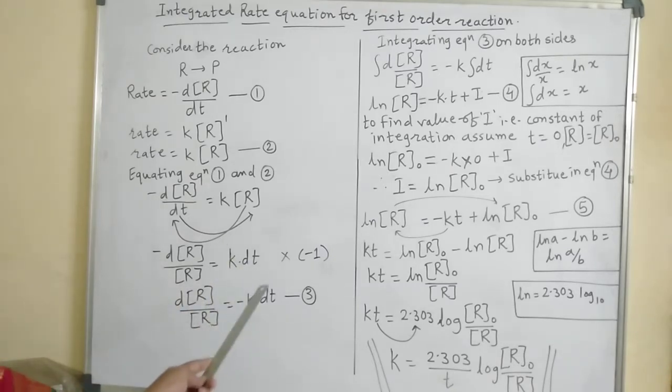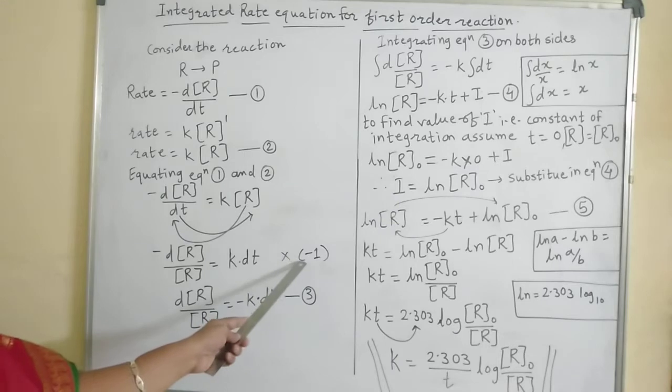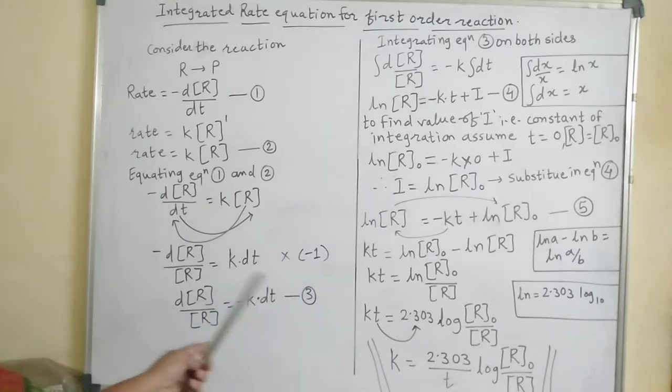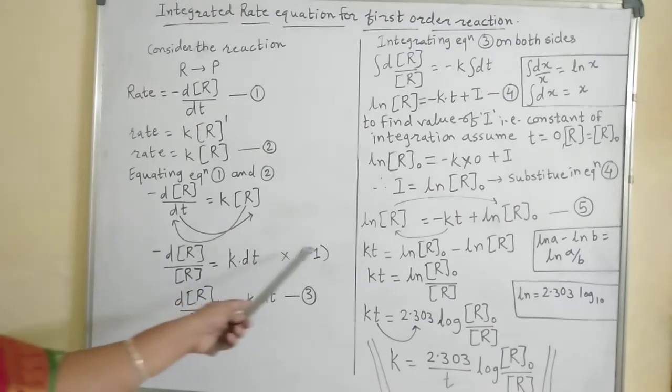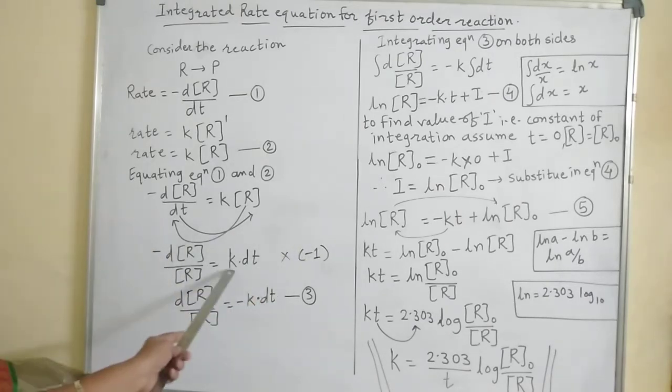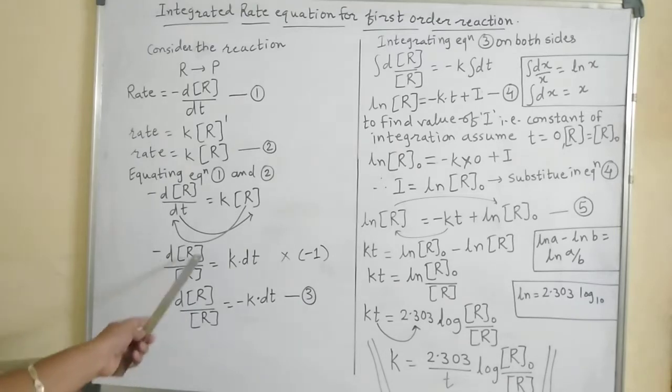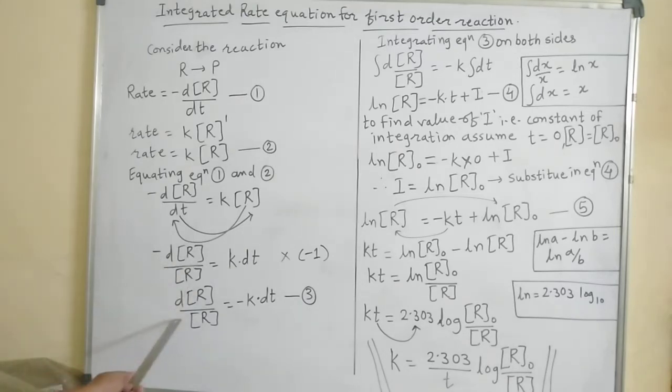Multiplying this equation by minus 1, minus into minus becomes positive, so the equation becomes d[R] upon [R] is equal to minus k into dt.